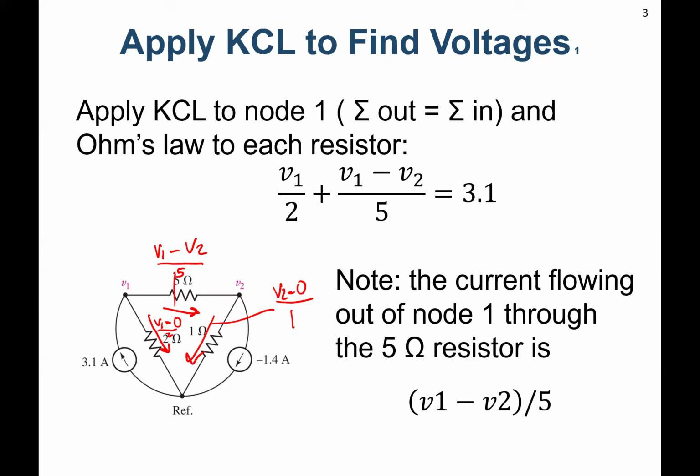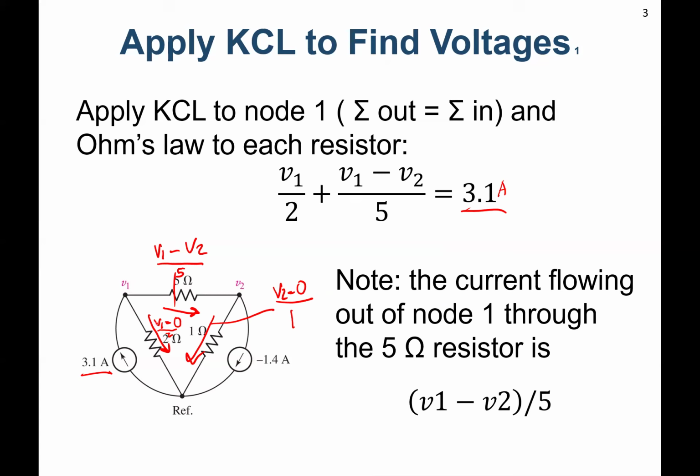So now for V1, we're going to use the sum of the current into the node equals the sum of the current out of the node. But again, we can do this 100 different ways. The current into the node is 3.1 amps. No units there, or it does technically have amps, but I don't have to multiply it or divide it by anything. It's just 3.1 amps. Now the sum of current out of the node is on the other side of the equality.